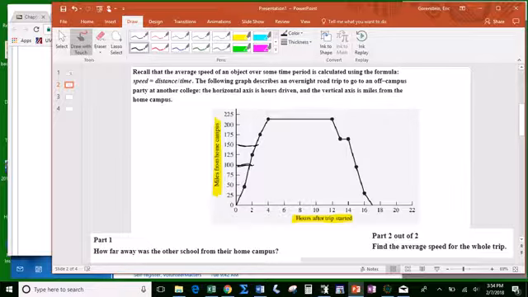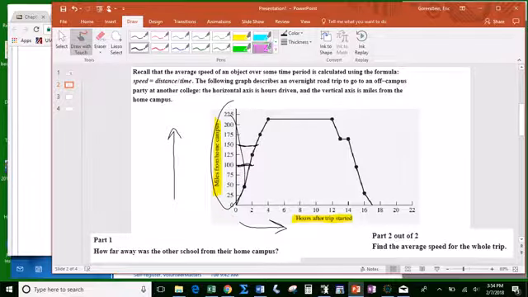According to this graph, going up means increasing the distance. This is distance from home. Because we move left to right, time is always moving forward. So as we move left to right, when the graph is going up, you're getting farther and farther from home.